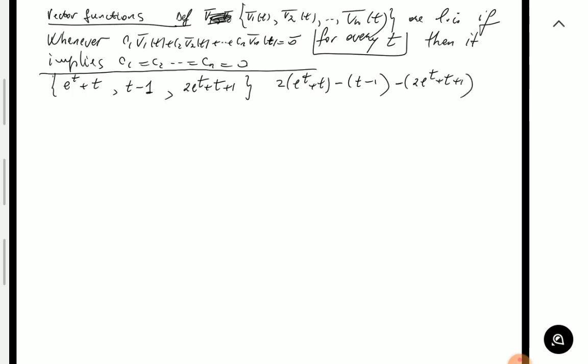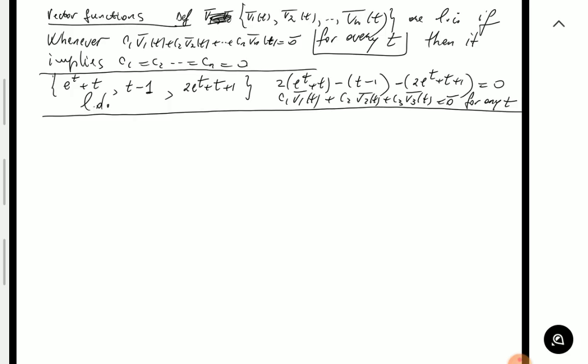It should be equal to 0: 2e to the t minus 2e to the t, plus t minus t, plus 1 minus 1. Okay, so this is a linear combination which is equal to 0 for any t, and yet the coefficients are not 0, right? So these form a linearly dependent set.